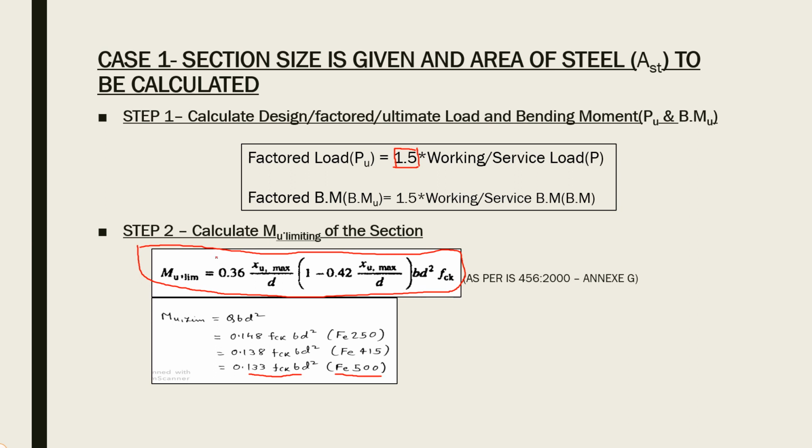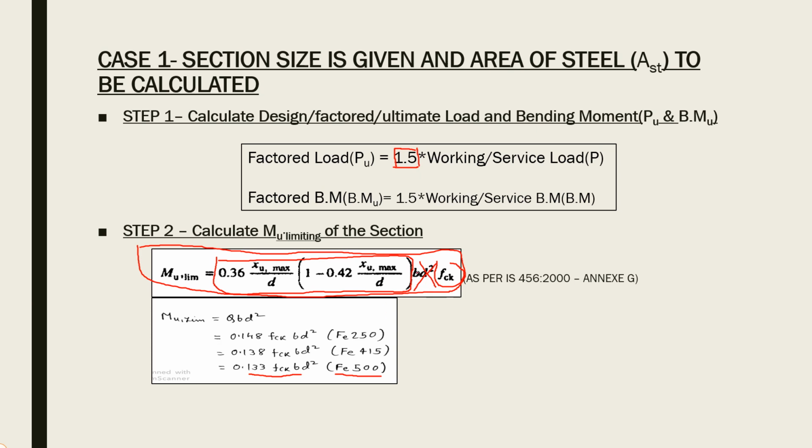Q is this thing except bd square. You can combine 0.36 fck into xu max by d, and the thing in the bracket, and that is Q except bd square. You do not have to take bd square.